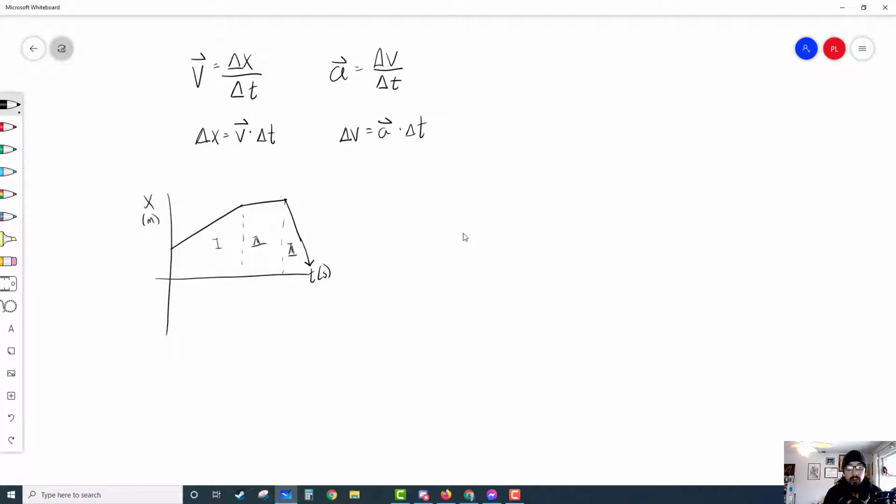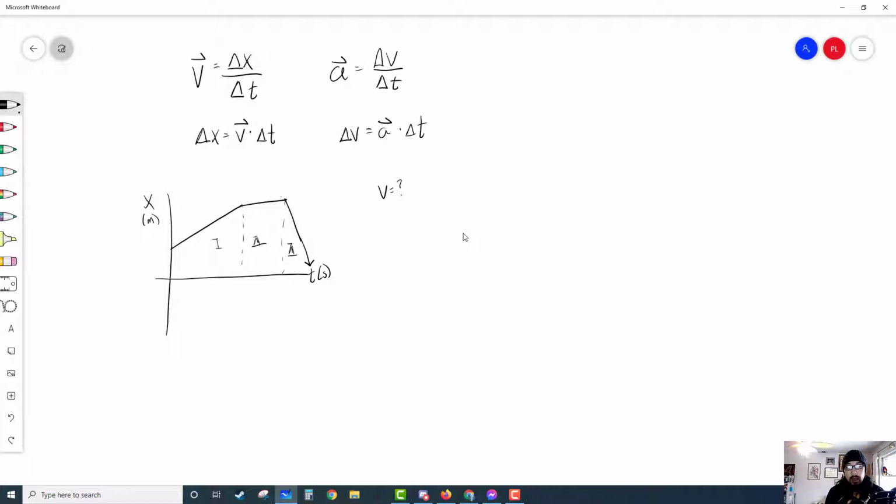If you're given a problem like that, the question is asking, what is the velocity? But you're given a position versus time graph. The best way to approach this is to take a look at the velocity equation. Velocity is the change in position over the change in time.